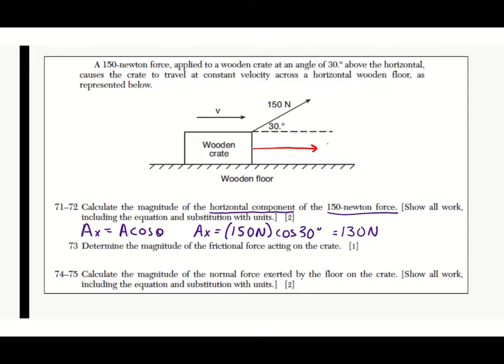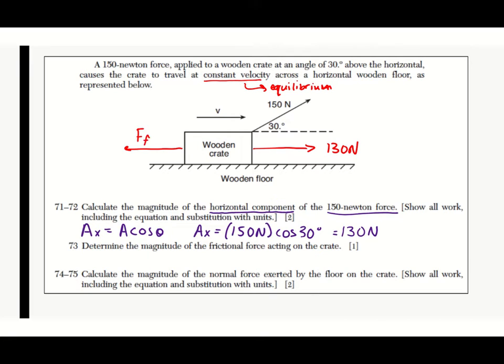This force, 130 newtons, is the one that's being pulled along. Let me draw that to scale. Okay, 130 newtons being pulled horizontally. The box is traveling at a constant velocity. This indicates to us that the object is in equilibrium. That means the applied force to the right is balanced by something opposing it to the left.